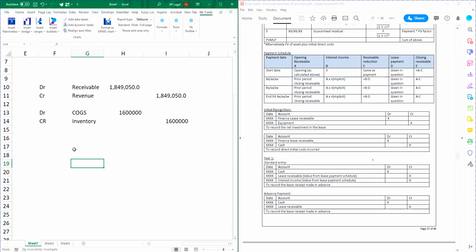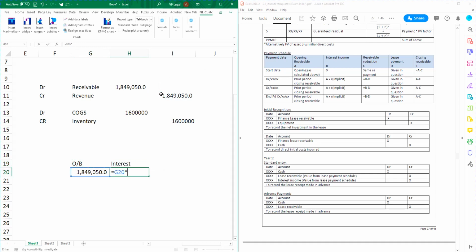So how it would work is you'd start off with your opening balance. Opening balance, OB, is 1,849,050, and then you apply your interest income, which is 12%, times 0.12, and then the receivable reduction.